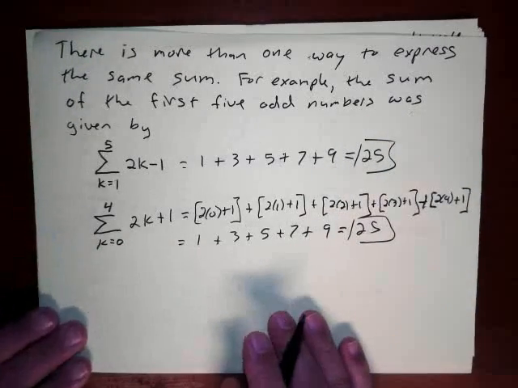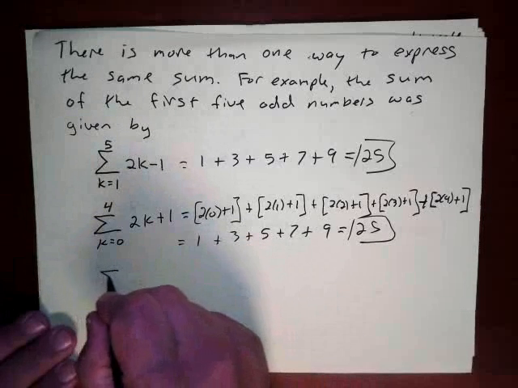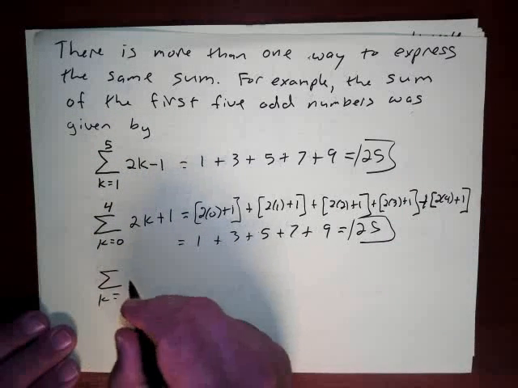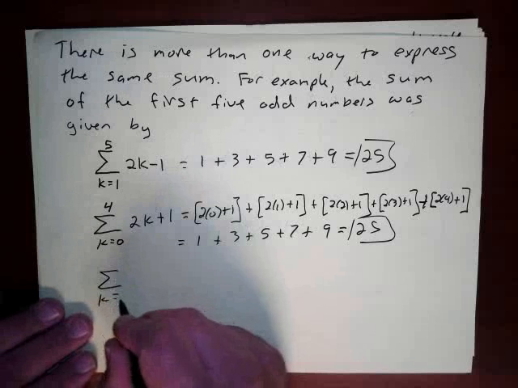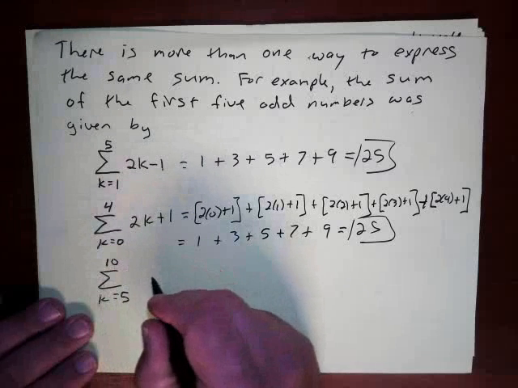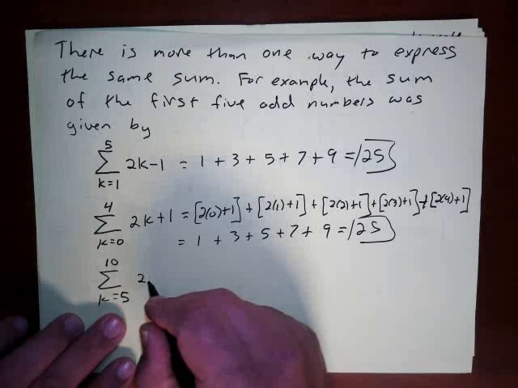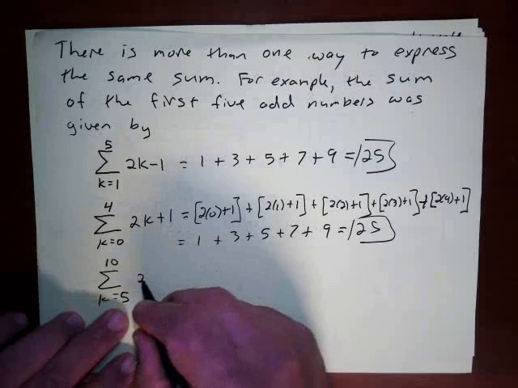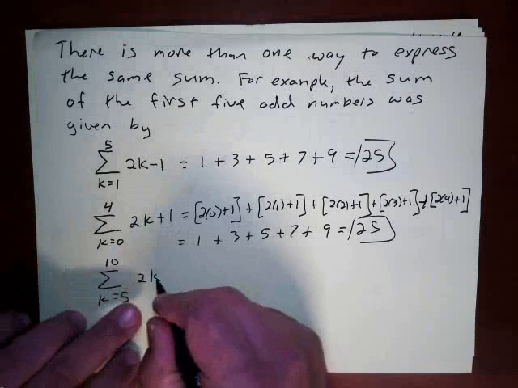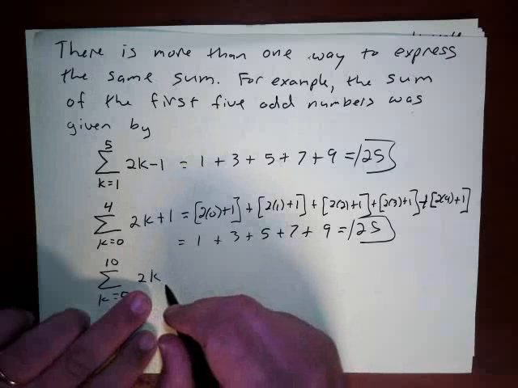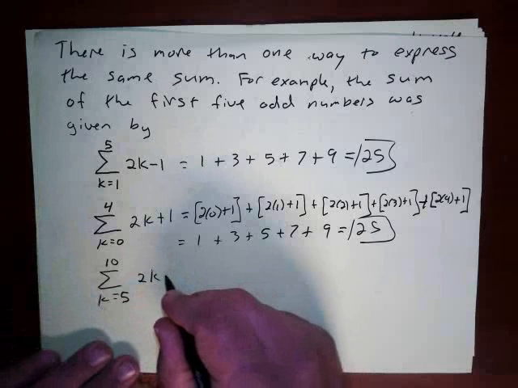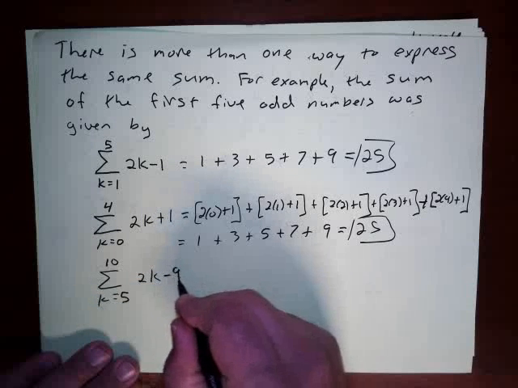And there's really just kind of an infinite number of ways. Let's try another one. Let's say I do k equals, we'll say 5 to 10. That's what I think that would be. And so what would I need to do? Well, I would want to get 1 to begin with. If I put in 5, I would get 10, right? And then I think I have to subtract 9. That would give me 1.